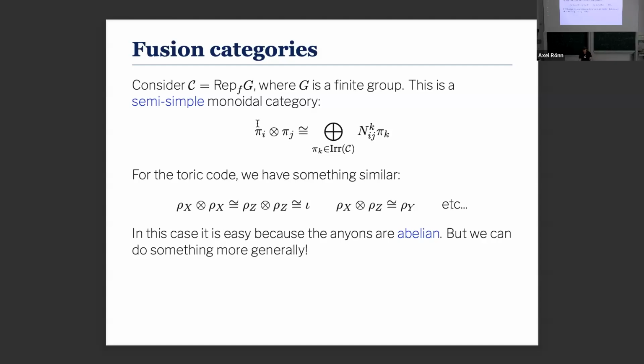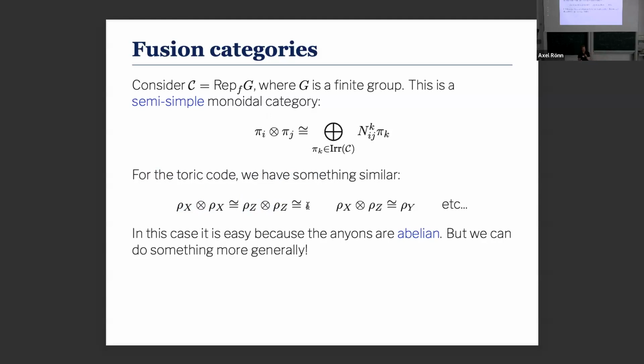More structure here. Right, so for the toric code, we can do it simpler. We have defined these automorphisms, and we can compose them. In this case, it's not too interesting. If you compose rho_X with itself or rho_Z with itself, you just get the identity back. You see this most easily when they're both defined on the same string.